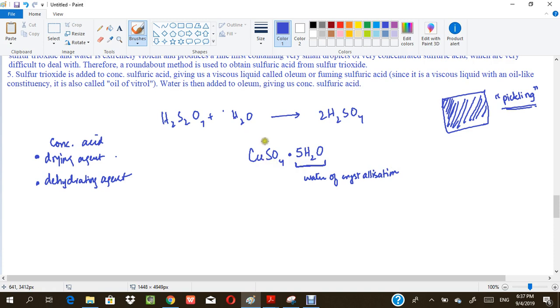Now, if I put these crystals of copper sulfate in concentrated sulfuric acid, this water is going to be removed, and we'll just be left with a white powder of copper sulfate. So this again is drying.